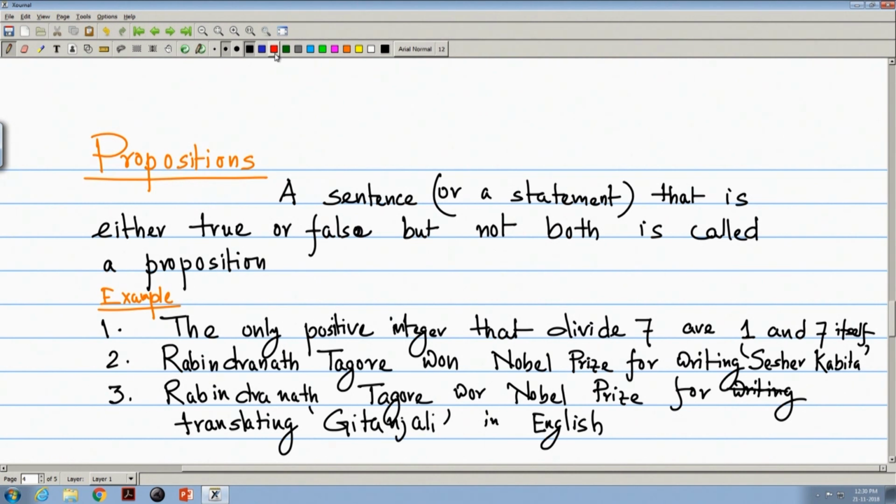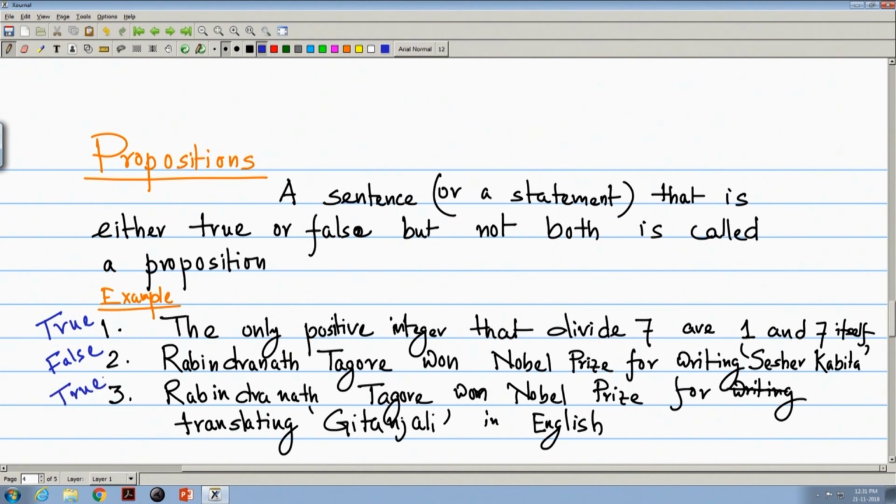So, now we start writing that our first statement is true, second statement is false, third statement, Rabindranath Tagore won Nobel Prize for translating Gitanjali in English, is true, which we know is a true statement.